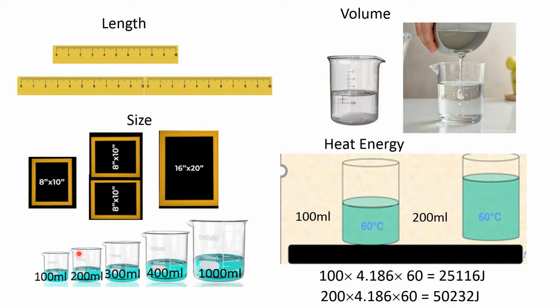Now, if all the liquids of these beakers I pour into a big beaker, then I will find that the volume of this liquid in this beaker will be 1000 milliliter, which is the sum of the liquid present in these small beakers, that means in these subsystems. So, extensive properties of the subsystems are additive.